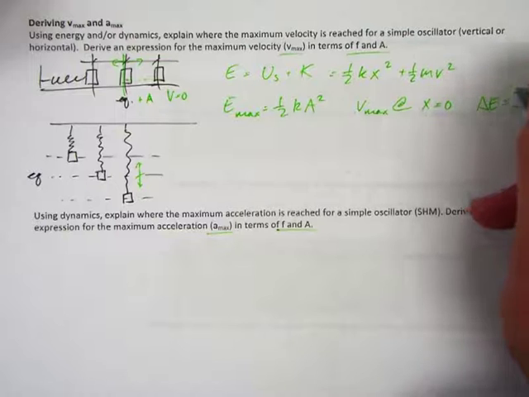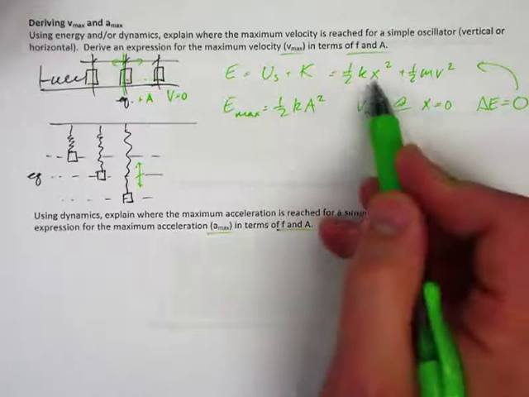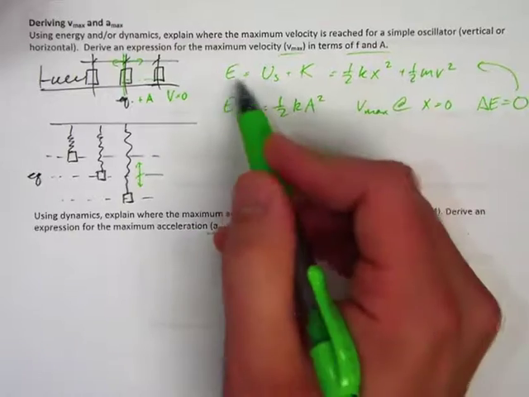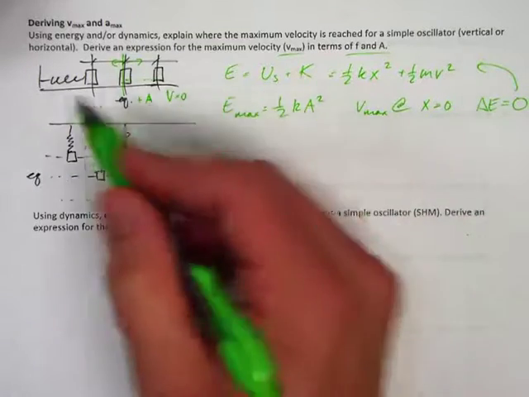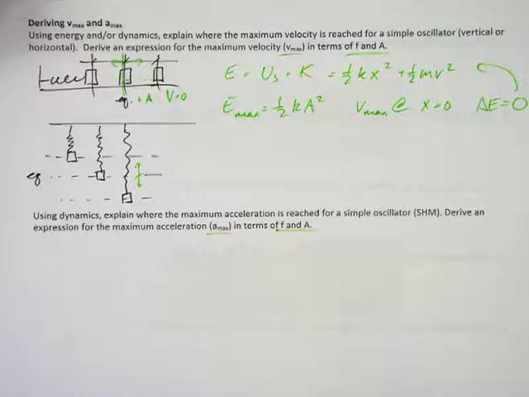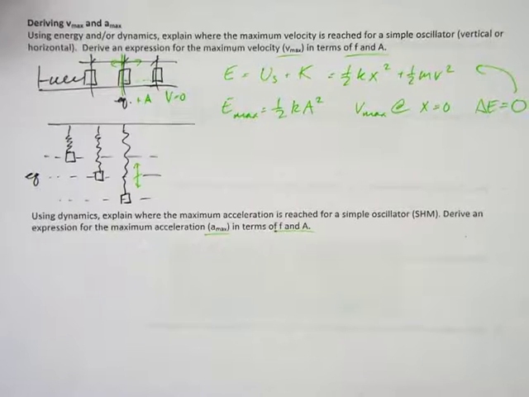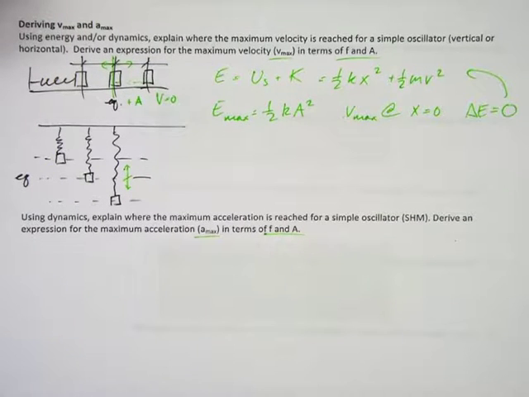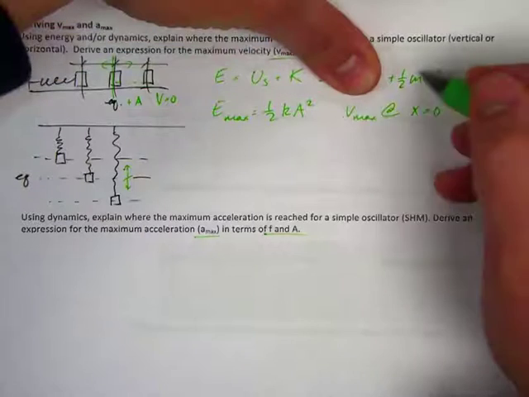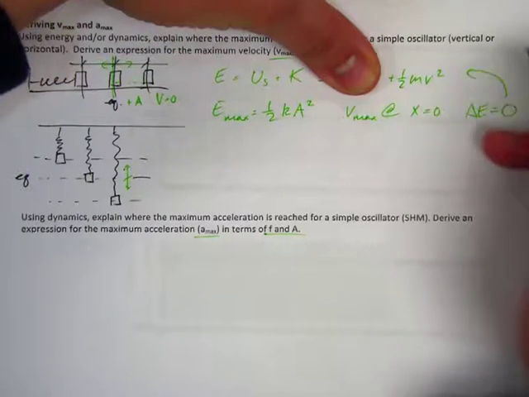If I look at my expression for energy, when x is 0, then all the energy is kinetic. And so if energy is conserved, so if we have a conservative system, which a mass spring system is in the absence of friction or resistive forces, then we can see from that equation when x is 0, this term goes away, all the energy is kinetic, meaning V must be its greatest.